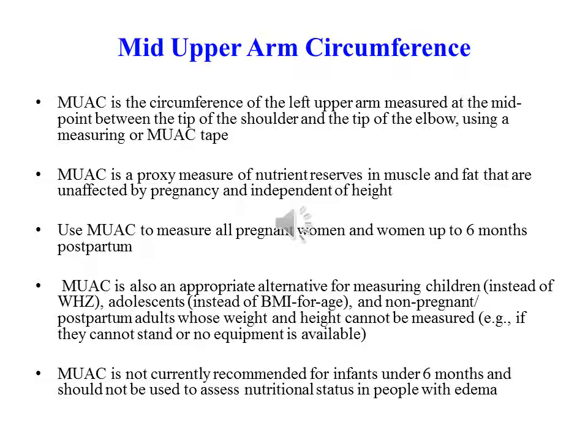Using mid upper arm circumference to measure all pregnant women up to 6 months postpartum is the preferred method, because BMI cannot be used in a pregnant lady due to increased water content in the body.